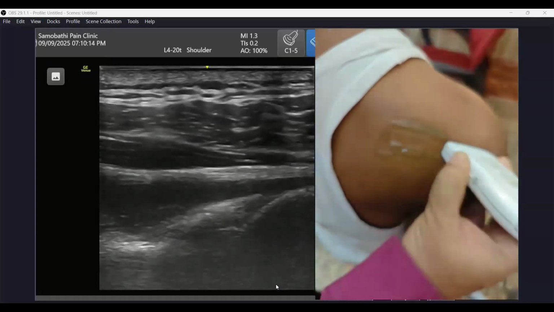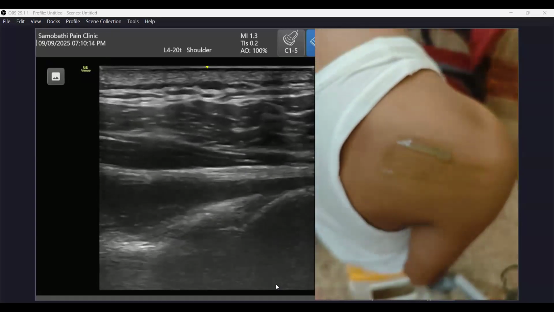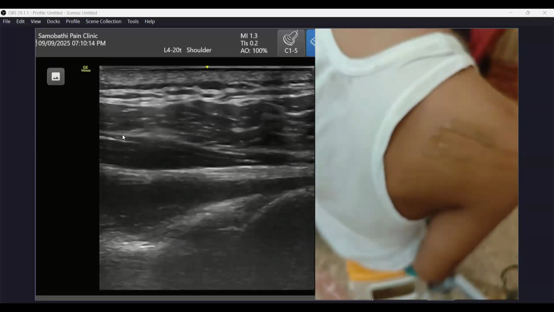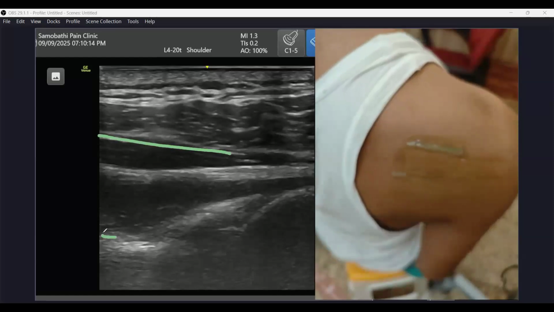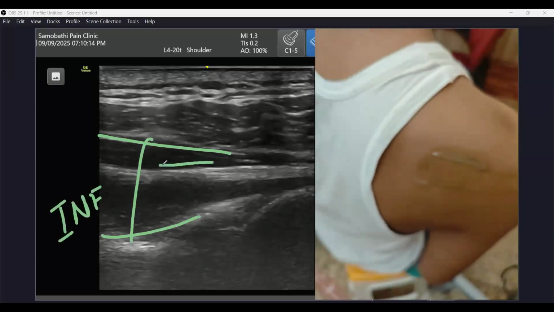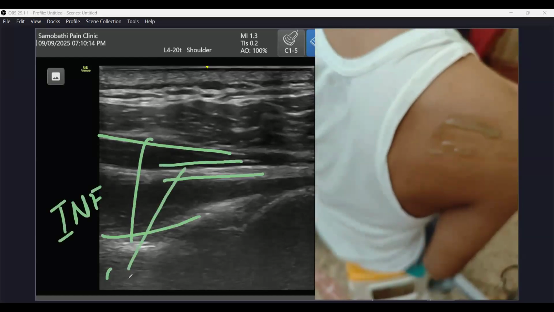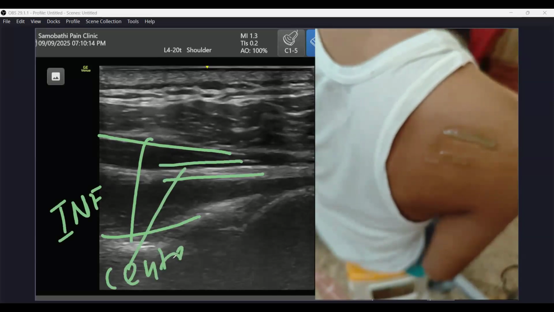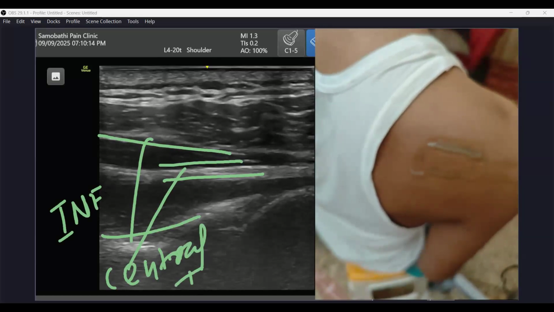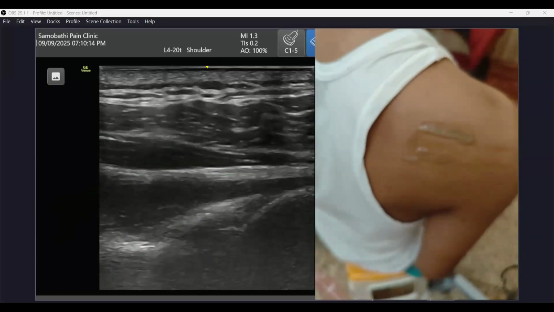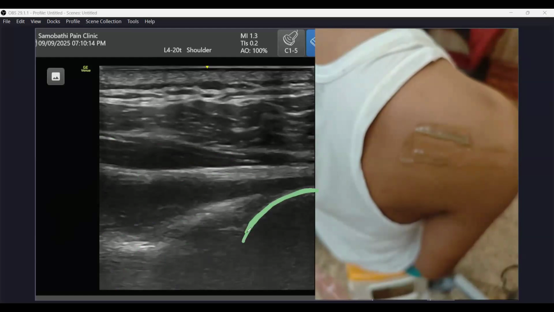So what can I see here? This total muscle is the infraspinatus. This part is the central tendon of infraspinatus. Then this is the rounded structure. What is this?